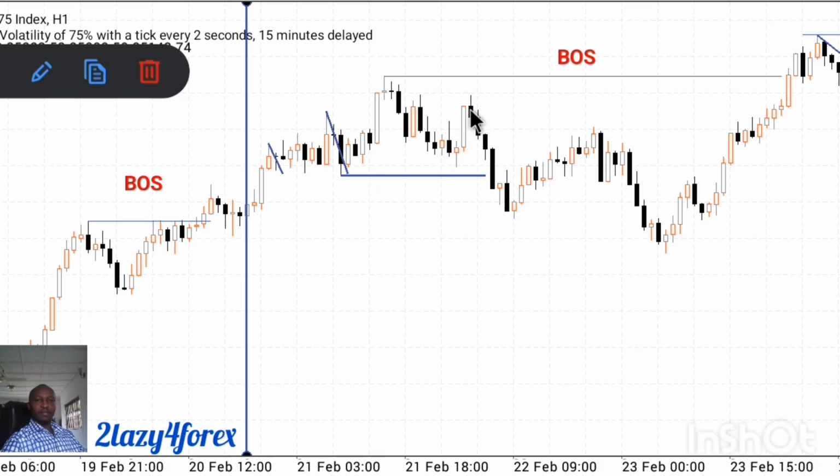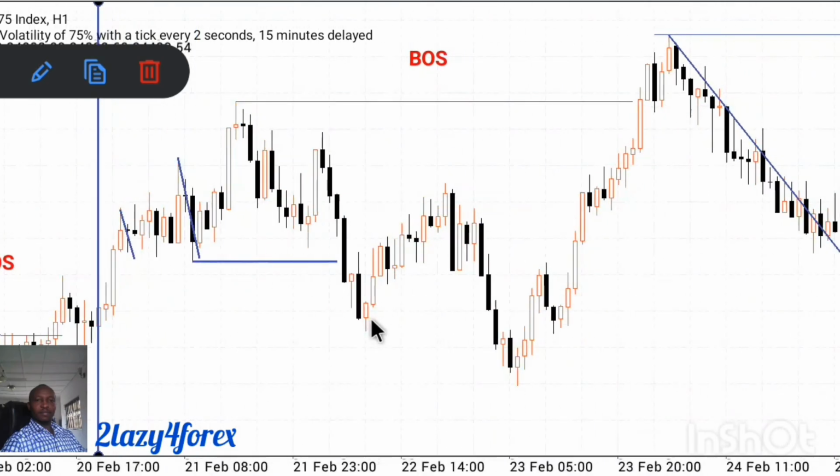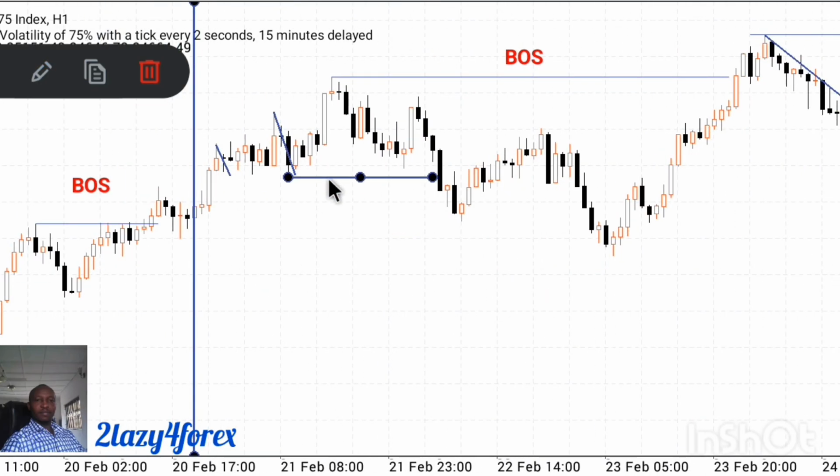And the low was taken out and a lower low formed, and we got here. So now if you want to look at it, the pullback started from here, broke the highest low, formed a lower low, and came down to this place. So this one qualifies as a pullback too.